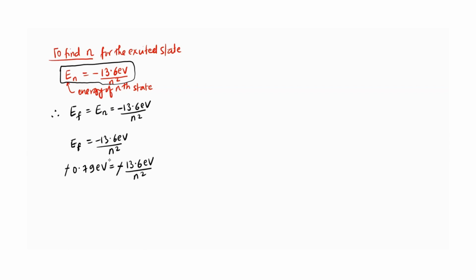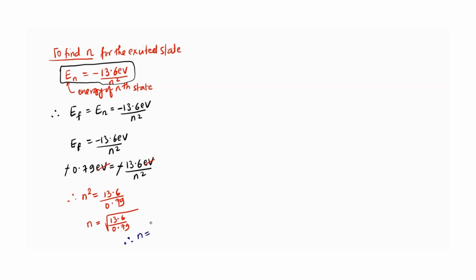Electron volt cancels. Therefore n square equals 13.6 divided by 0.79, so n equals under root 13.6 divided by 0.79.